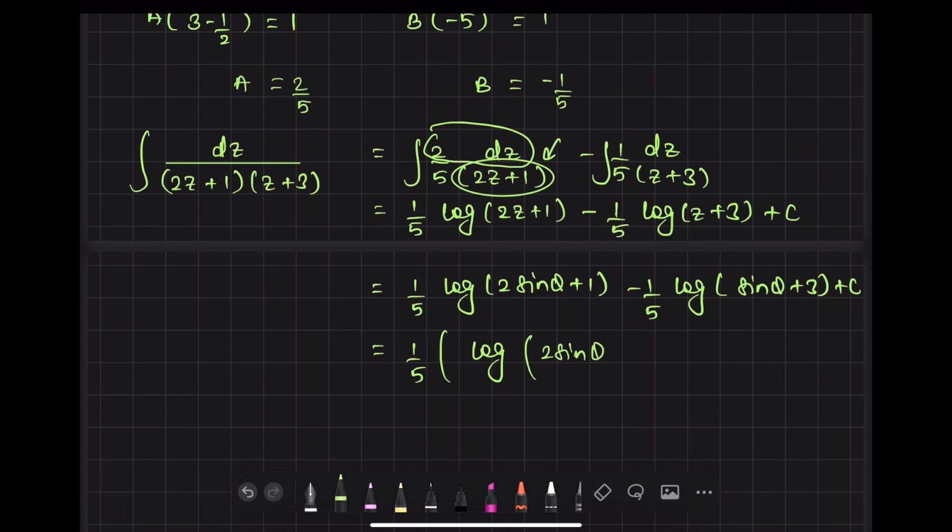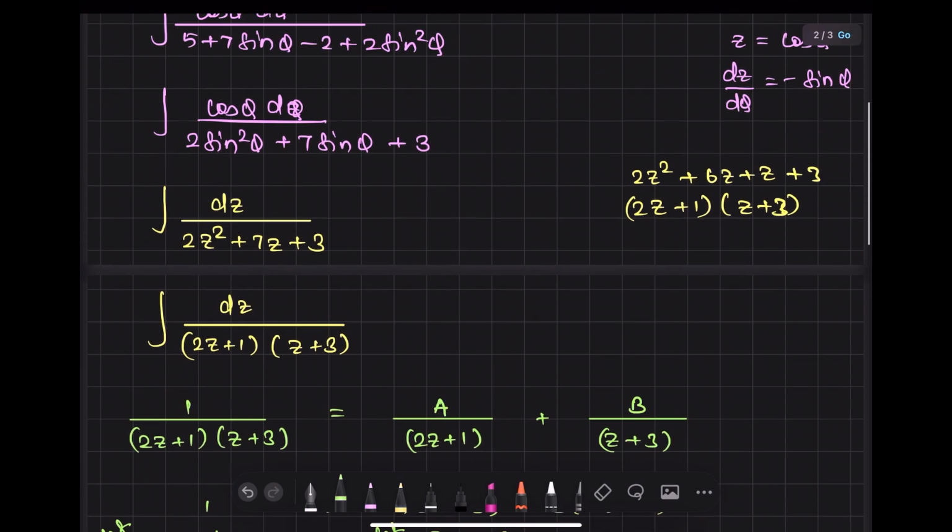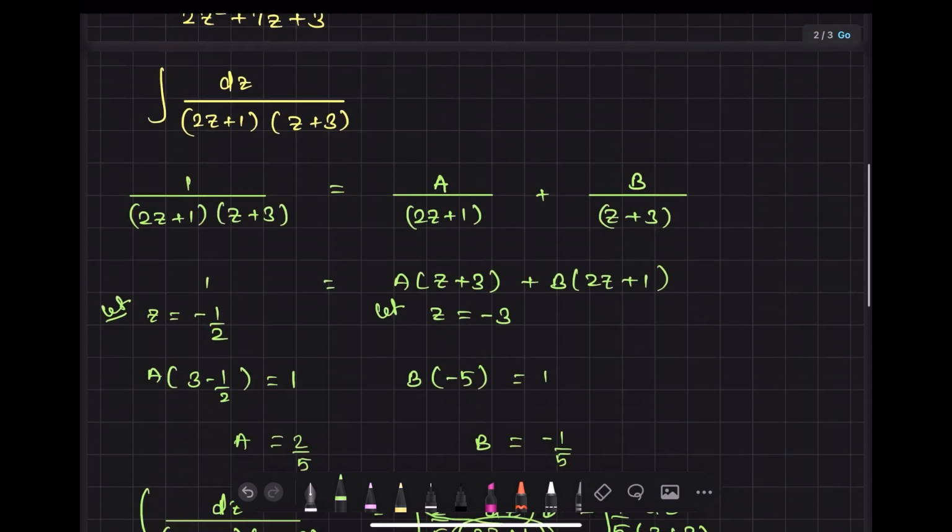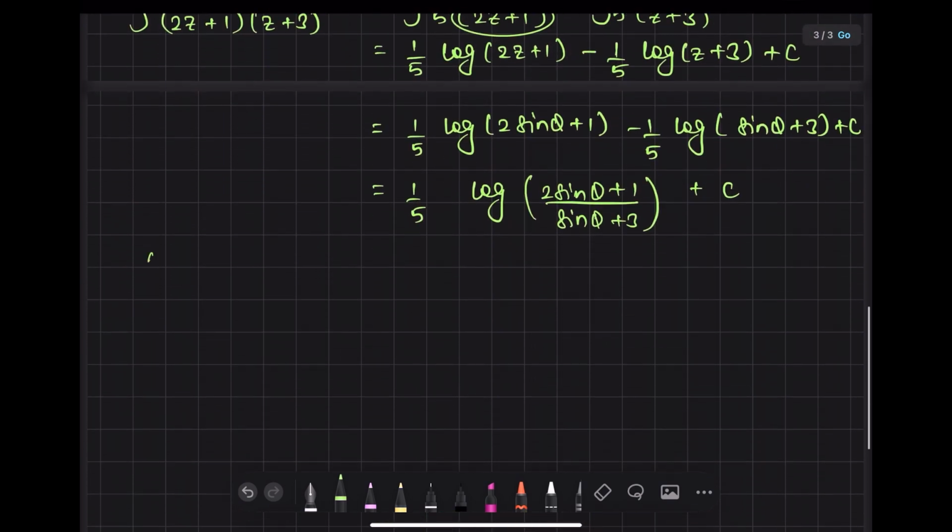So log of 2 sine theta plus 1 upon sine theta plus 3. So the value of the coefficient is 1 by 5, and the log term will be 2 sine theta plus 1 by sine theta plus 3. Done.